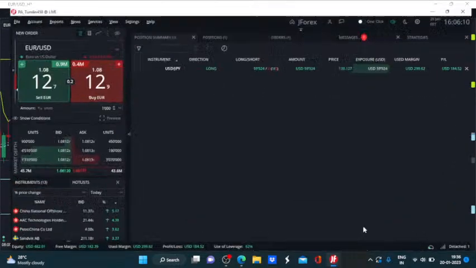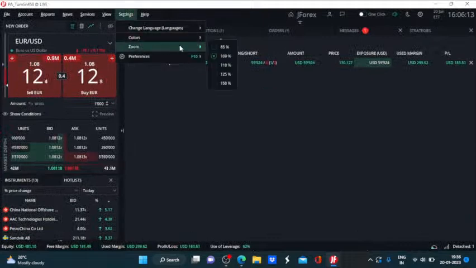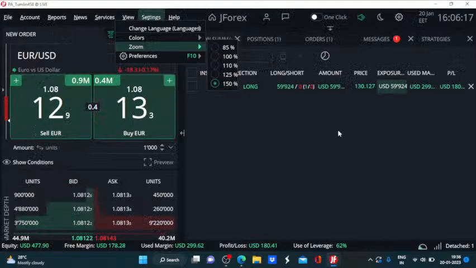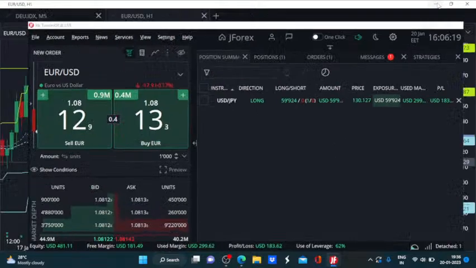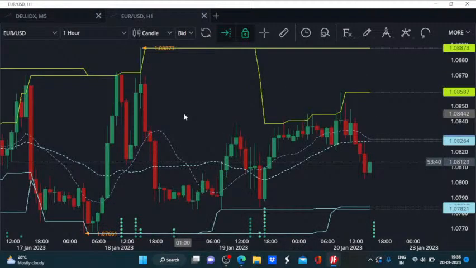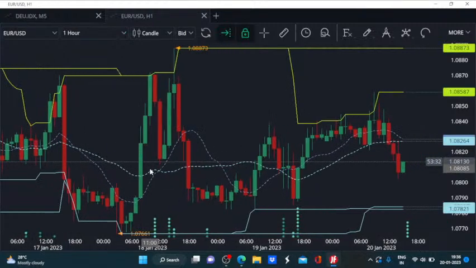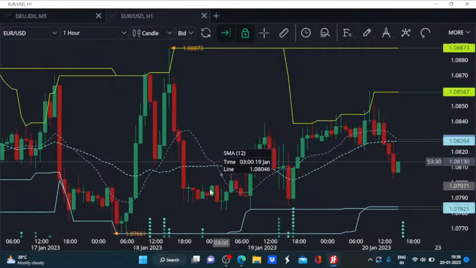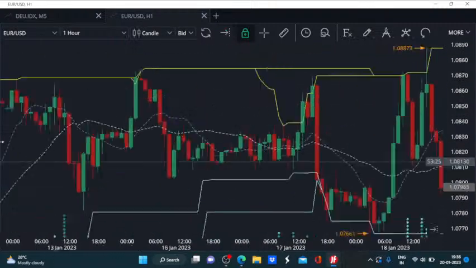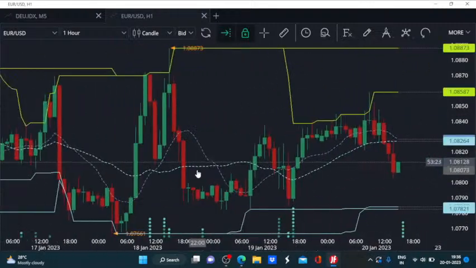Let me zoom in so that we are able to read the values in a better manner. Okay, so here, if we consider this hourly chart for the last couple of days, we have this price formation with this consolidation range, and the underlying bias on a weekly charting frame has been bullish for Euro USD for a couple of days.